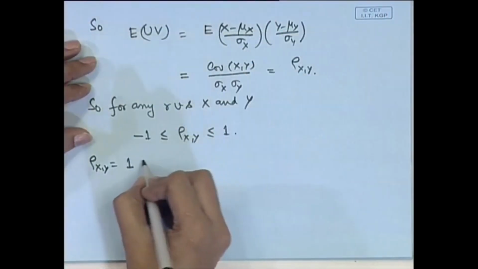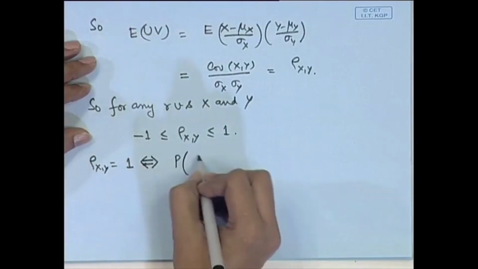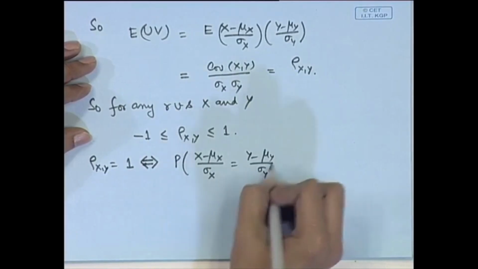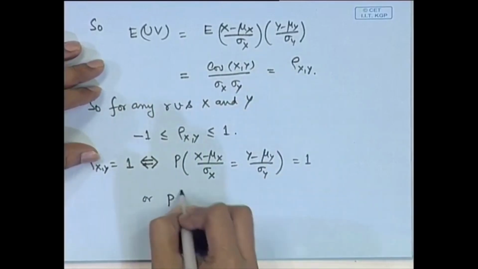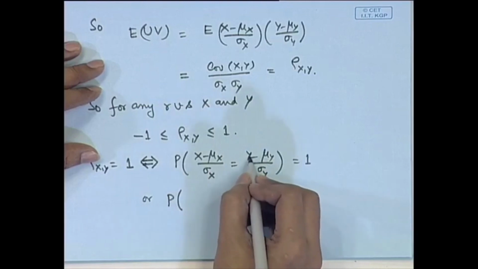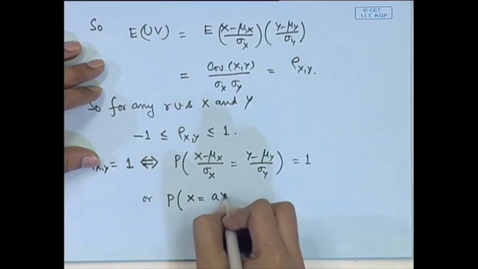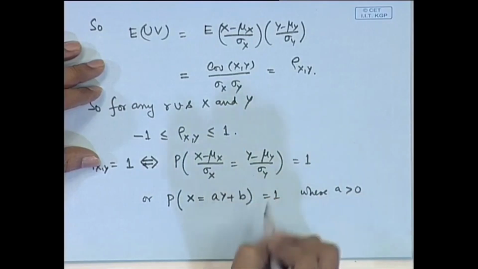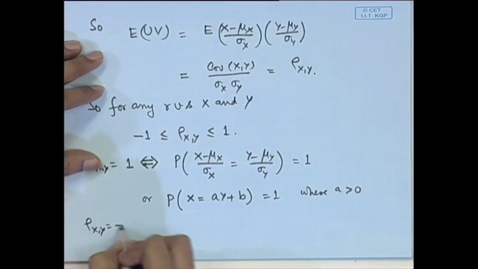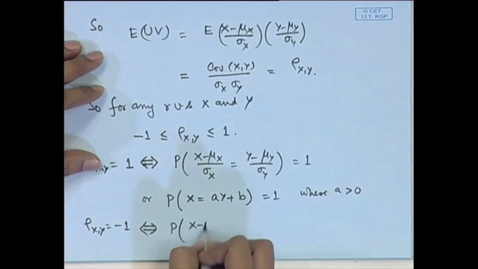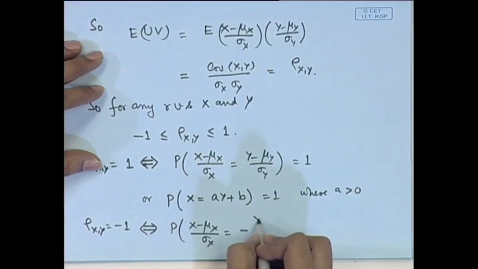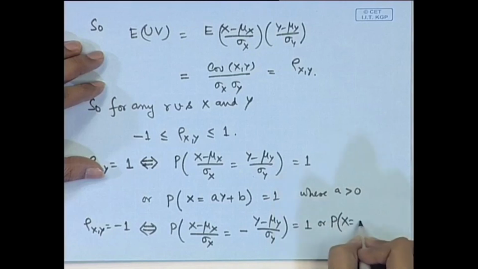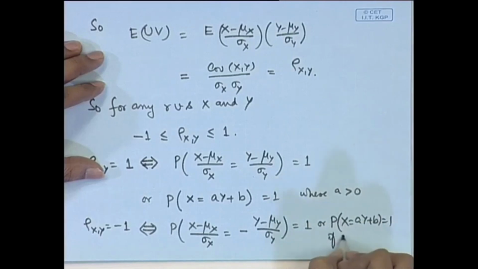So, this will be satisfied if and only if probability that (X minus mu X) by sigma X is equal to (Y minus mu Y) by sigma Y is equal to 1, or you can say probability that X is a linear function of Y, that is X is equal to some a times Y plus b, where a is a positive number because it is sigma X by sigma Y. Similarly, rho XY is equal to -1 if and only if (X minus mu X) by sigma X is equal to minus (Y minus mu Y) by sigma Y with probability 1, or probability that X is equal to aY plus b is equal to 1 if a is negative.